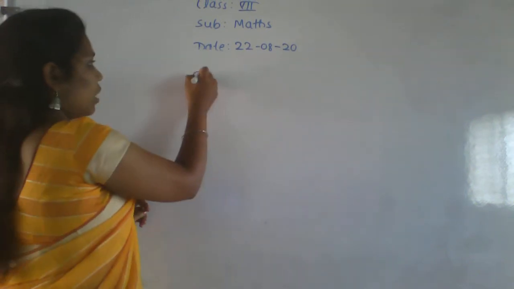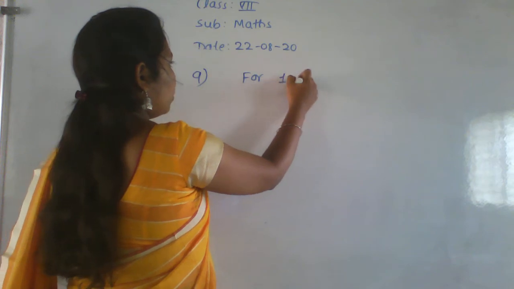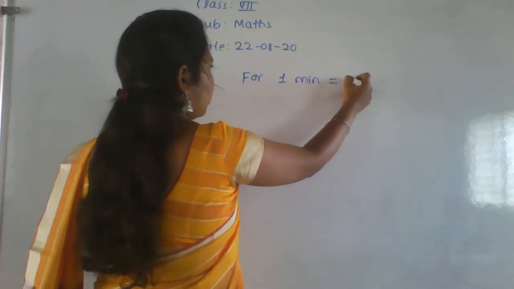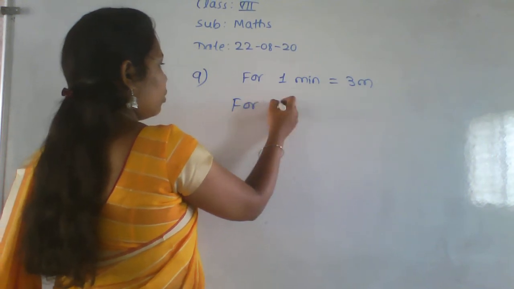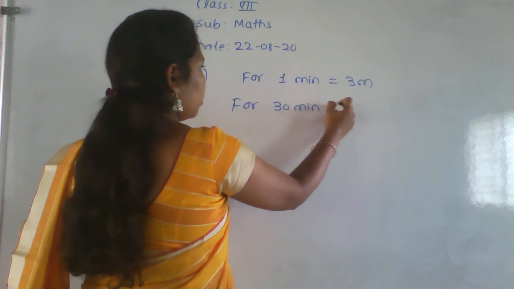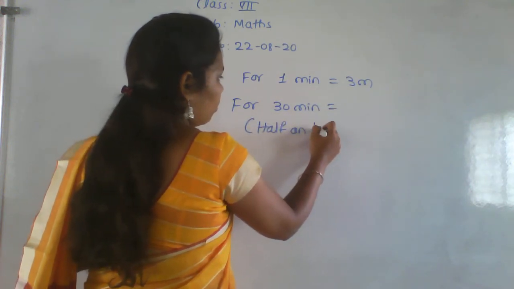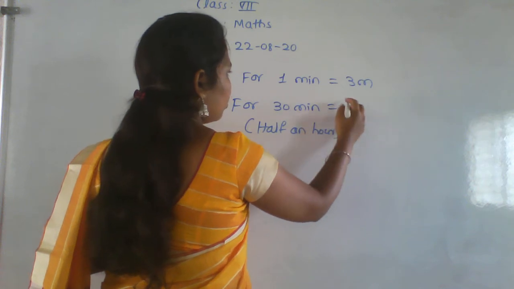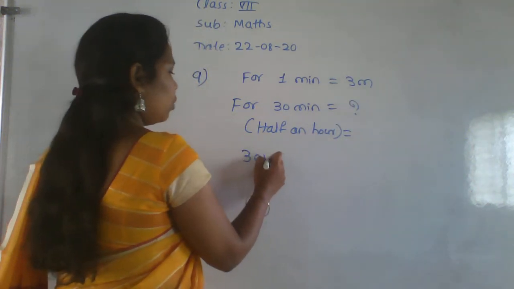Okay. So the 9th one: for 1 minute, 3 meters; for 30 minutes, which is nothing but half an hour, question mark. Now you have to multiply 30 into 3.